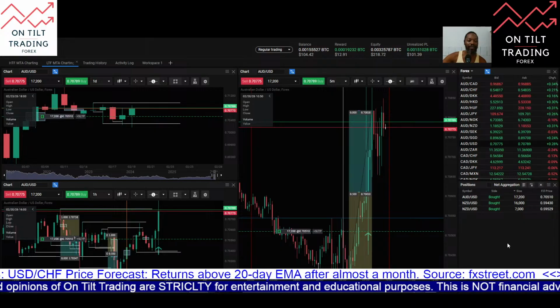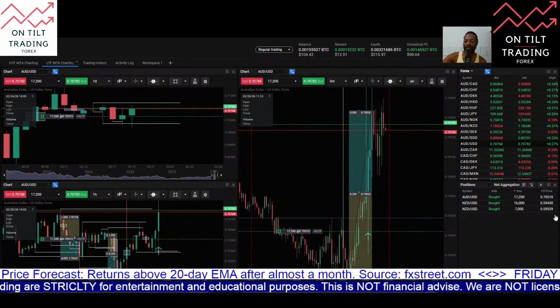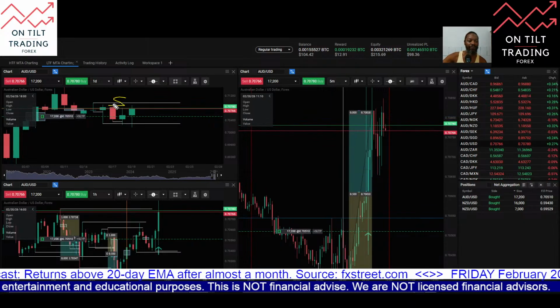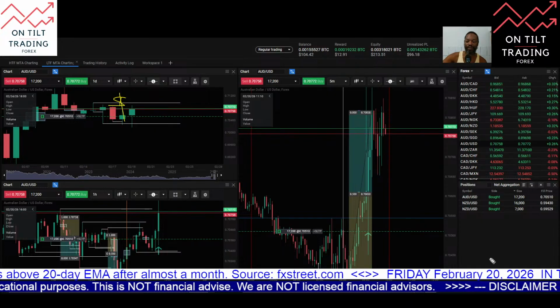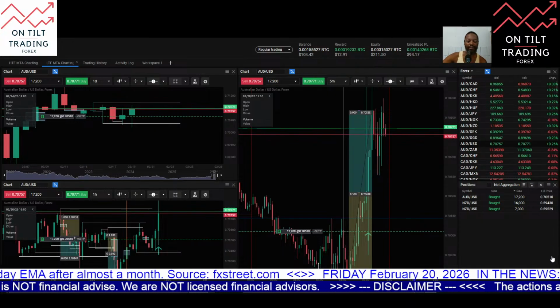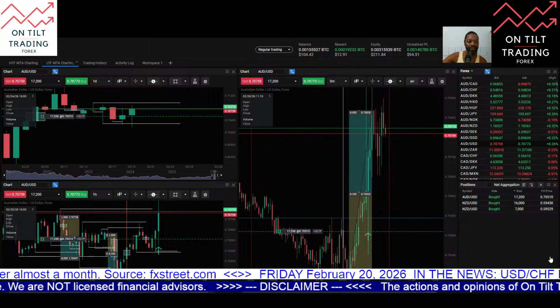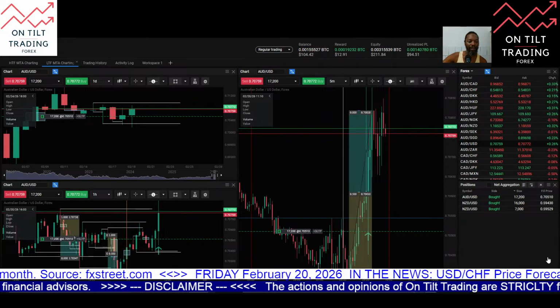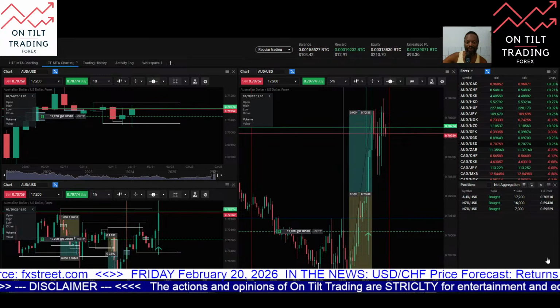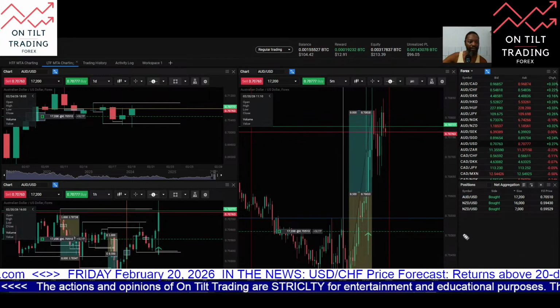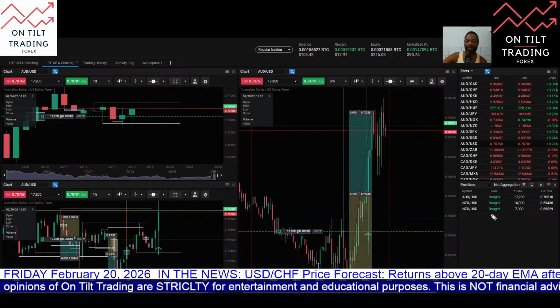Also the fact that, as I mentioned, the buy-side liquidity from yesterday's high was swept out of the market. So when that buy-side delivery was taken, I would imagine sell-side would want to be taken, or if sell-side isn't taken, then further buy-side is going to be sought after.